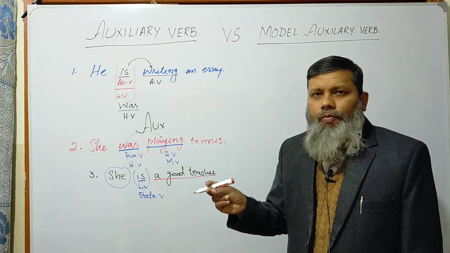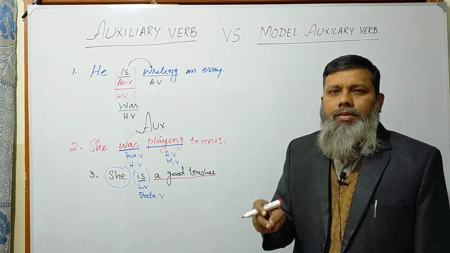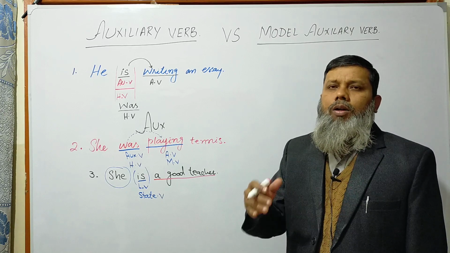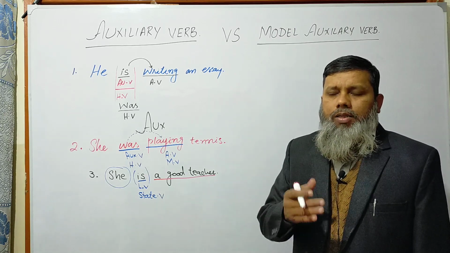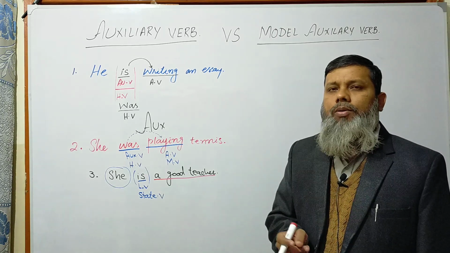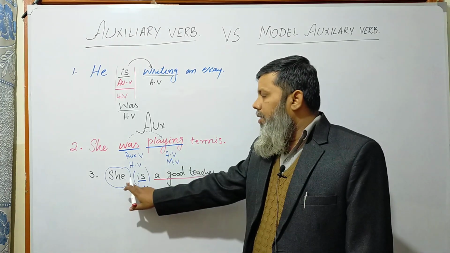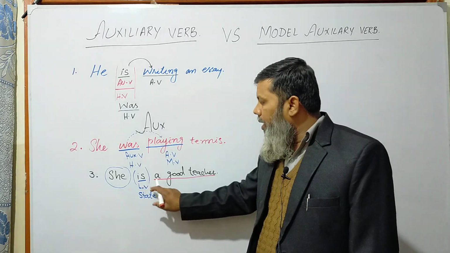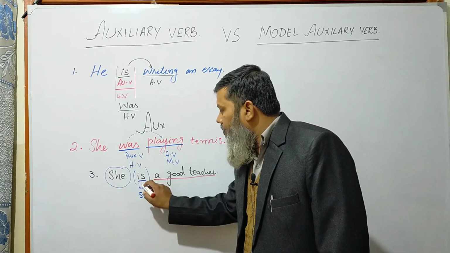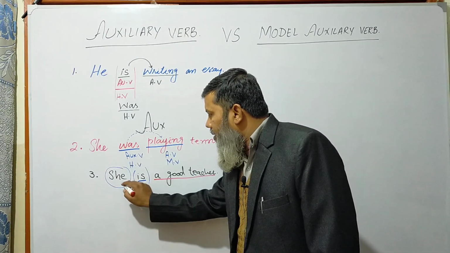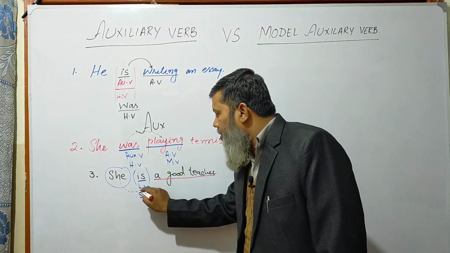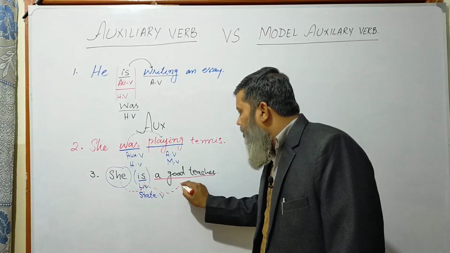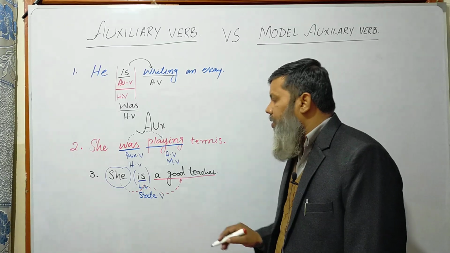The verb which indicates, defines, explains or tells something about a subject is called a linking verb or a state verb. So my dear, this verb "is" joins the link, she, to a good teacher.